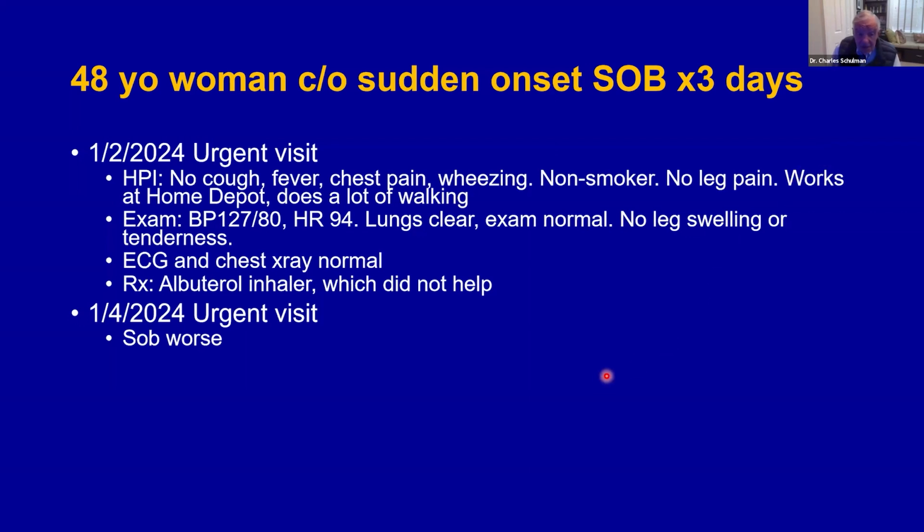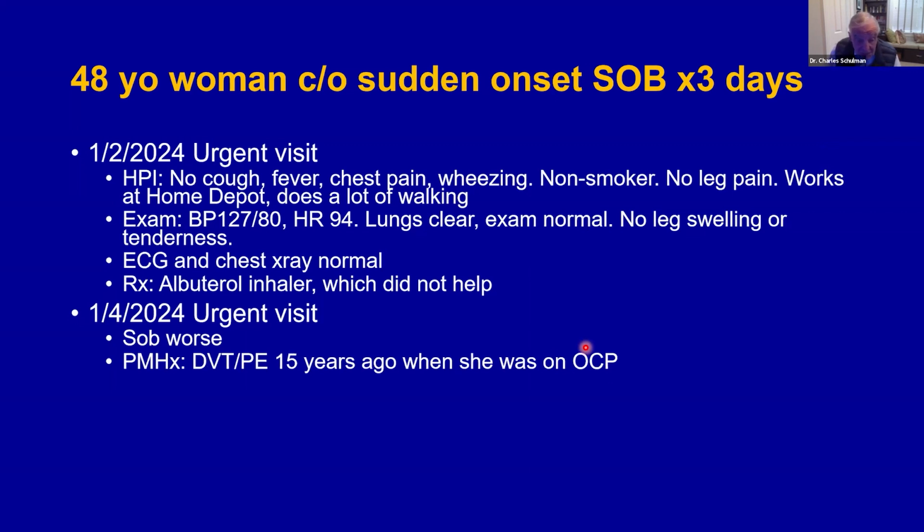Right? She's short of breath for no good reason, really. She doesn't have lung disease. She doesn't have an infection. Could this be pulmonary emboli? Well, it could be, because she then related the past history that she had previously had a DVT with pulmonary emboli 15 years ago when she was on oral contraceptives.